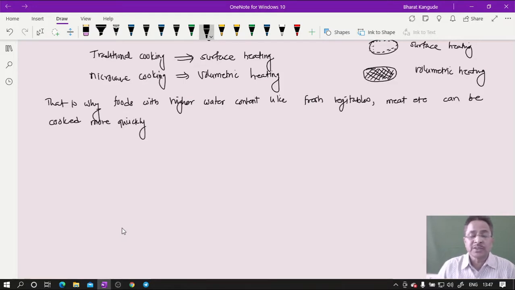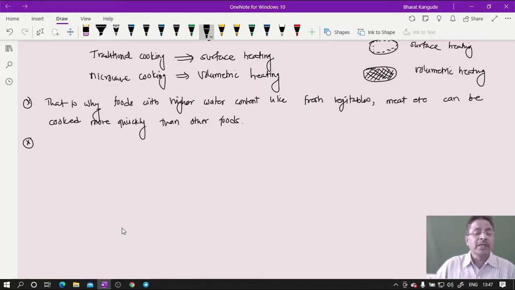That means the higher the water content contained in that particular food, the more quickly it gets cooked than other foods. This is one important thing here. These are the important points about this.